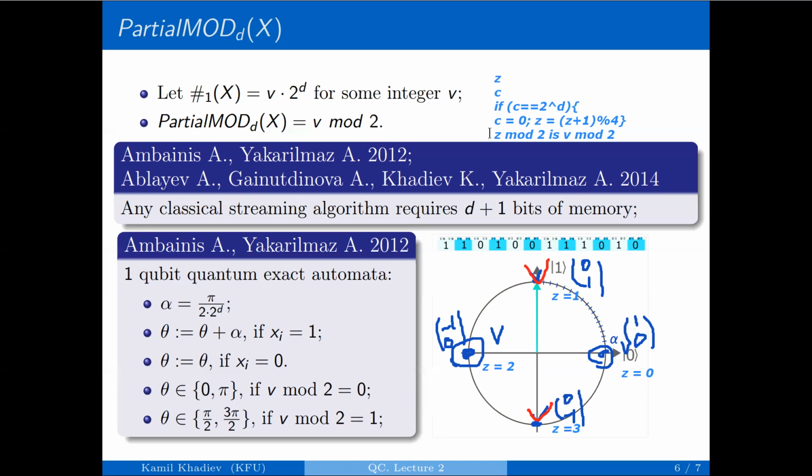By definition, when we stop, if we are on one of these states, we measure our qubit and obtain, with two coordinates A0 and A1, result 0 with probability A0 squared, and result 1 with probability A1 squared.